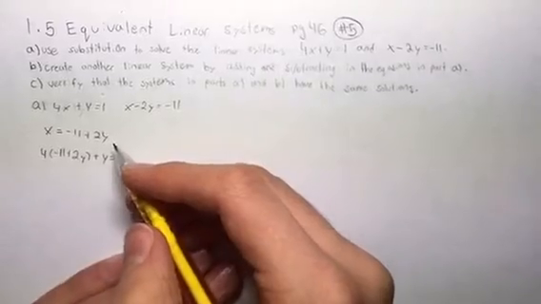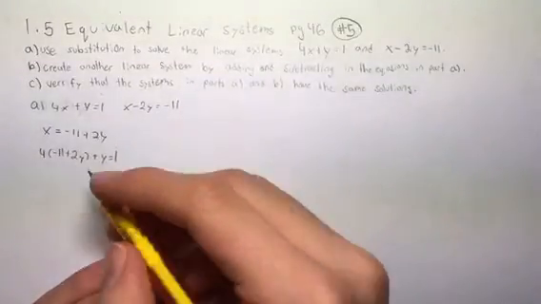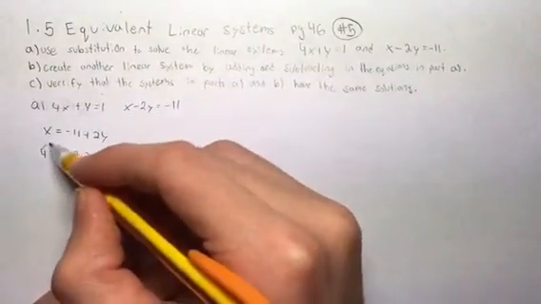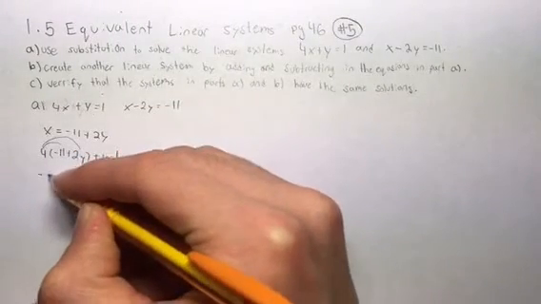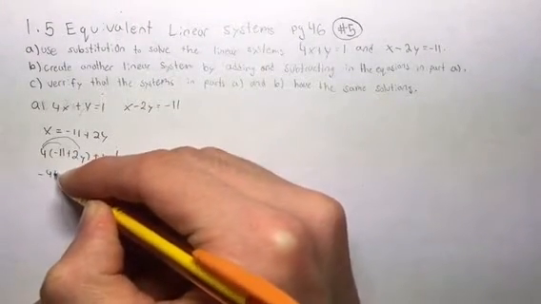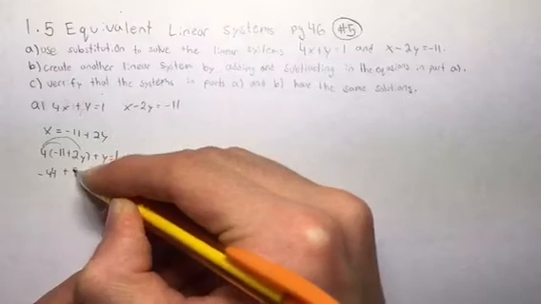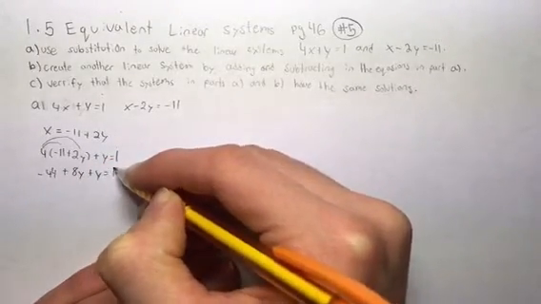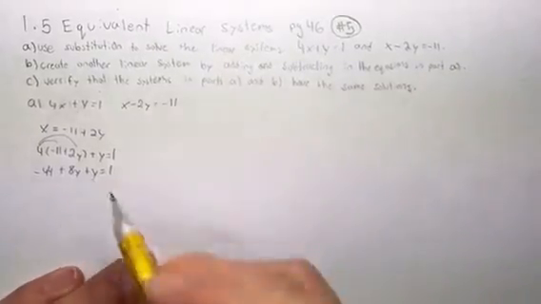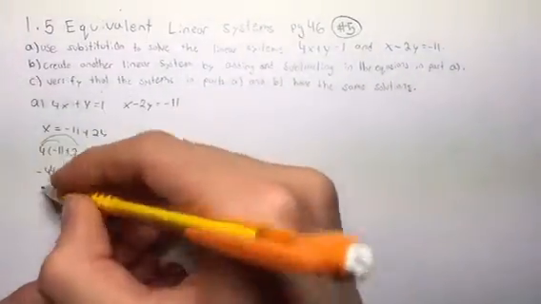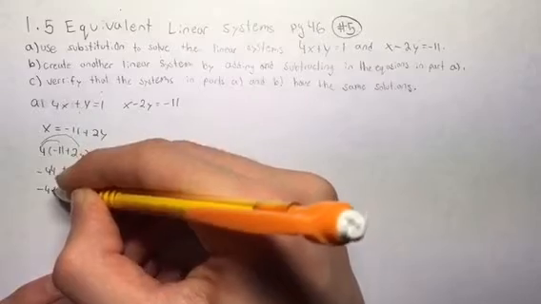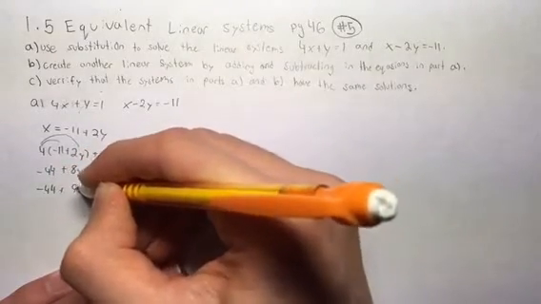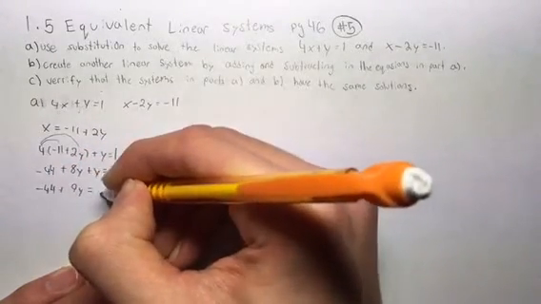So now we just have to solve for y. So let's multiply. Negative 44 plus 8y plus y equals 1. And now we have to collect the like terms. So negative 44 plus 9y equals 1.